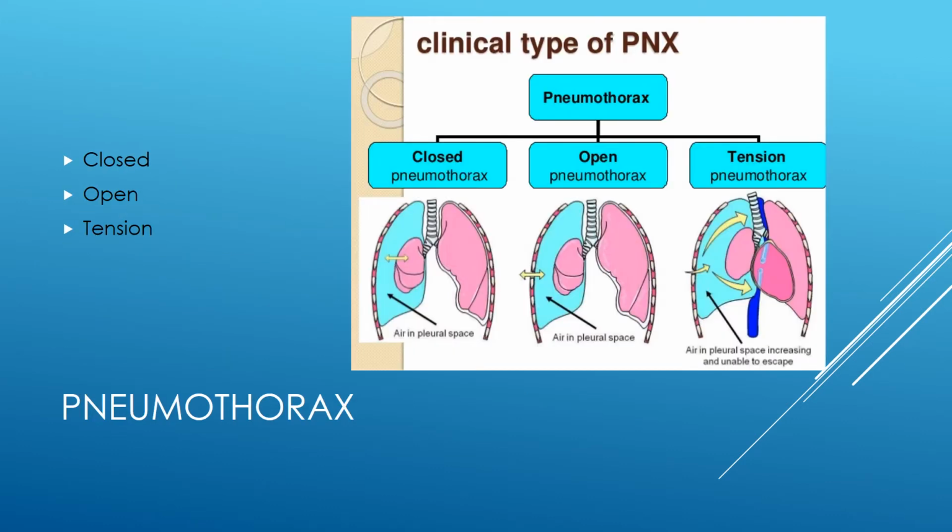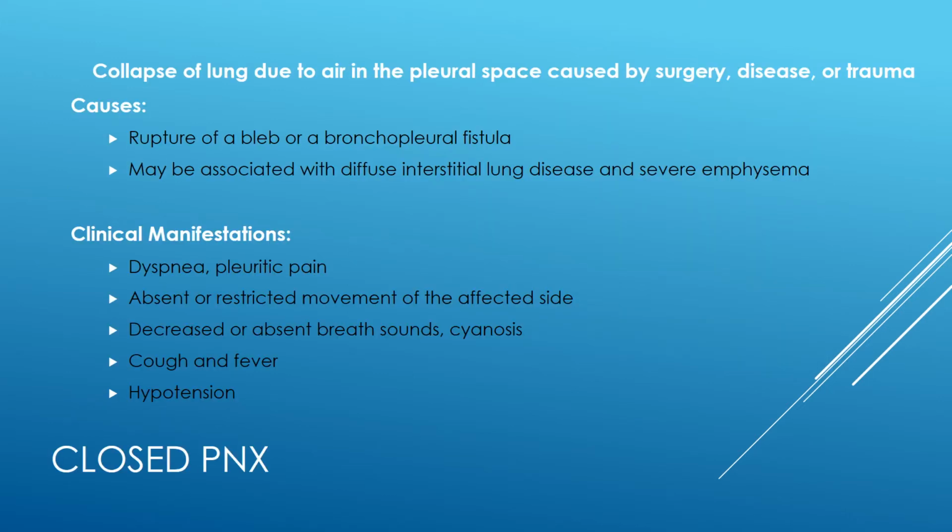There are 3 types of pneumothorax: closed, open, and tension. Closed pneumothorax, or simple, is basically when the lung collapses within the pleural space. It can be caused by surgery, by a disease, or sometimes trauma.